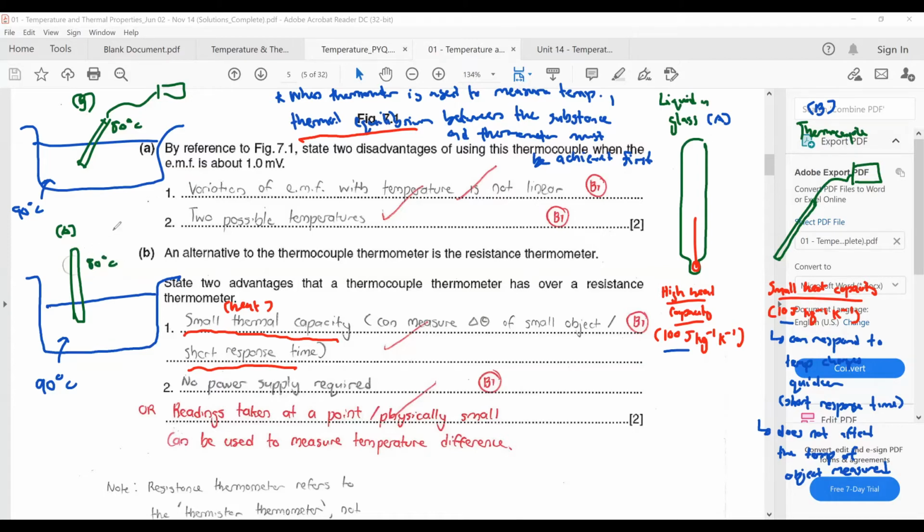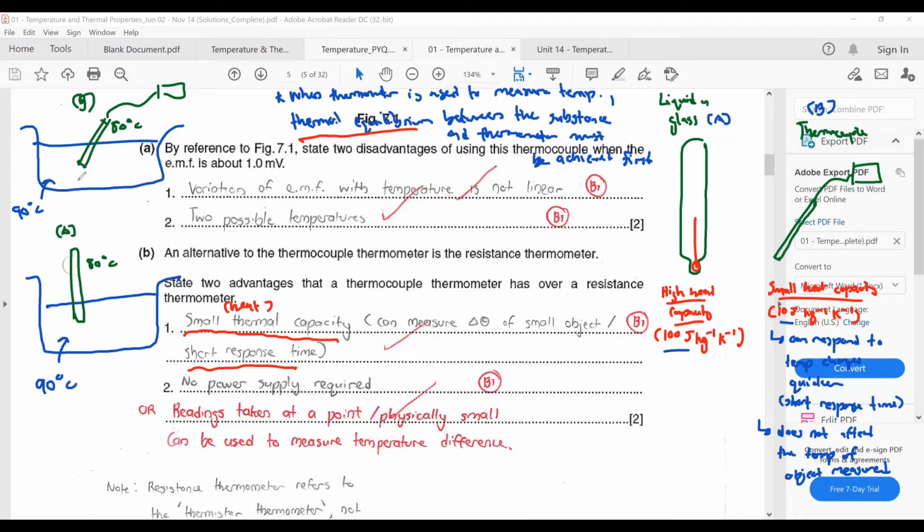When I want it to reach thermal equilibrium, I need these two to have the same temperature, right?